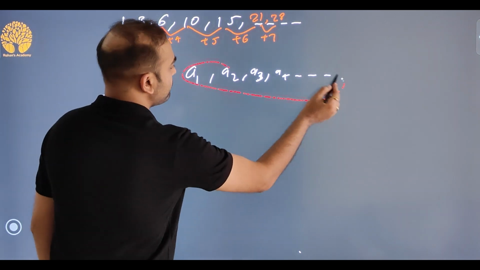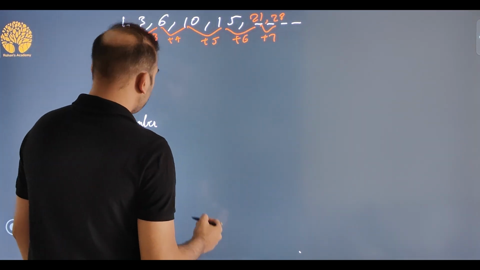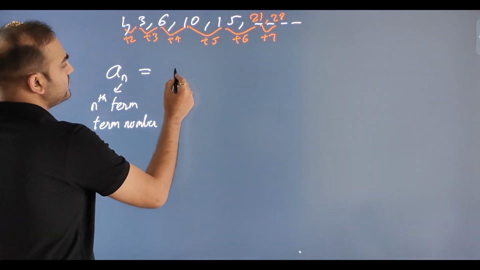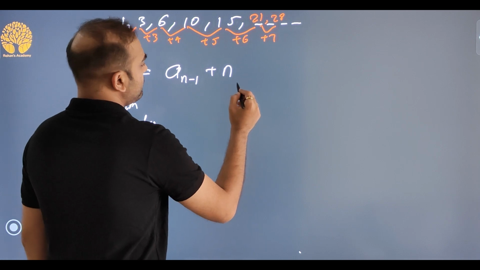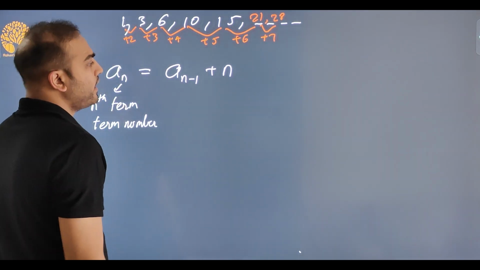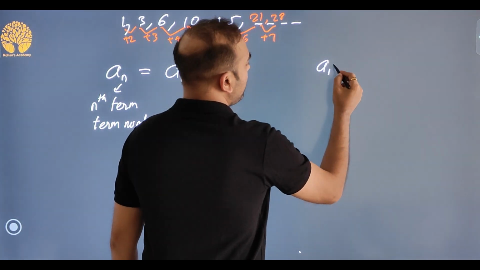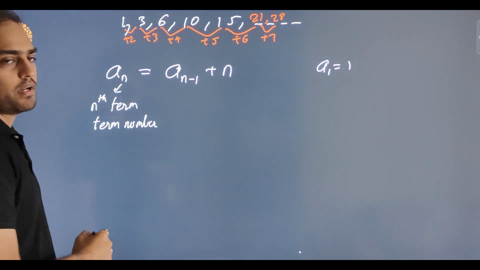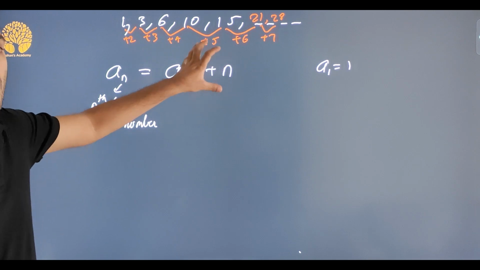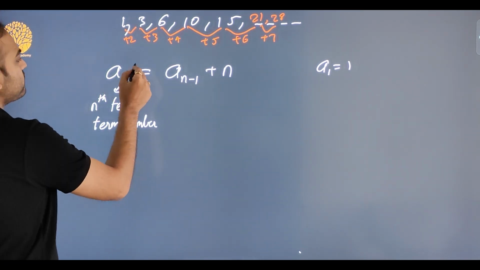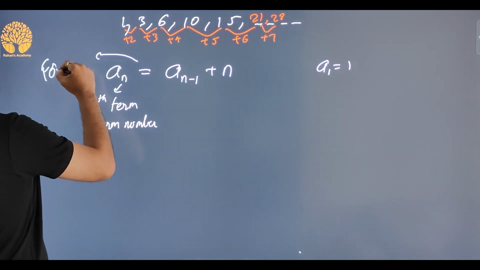Now say I tell you that the nth term of a series is given by an = a(n-1) + n, and I know a1 is 1. So what has happened? I have given you a formula for the series.